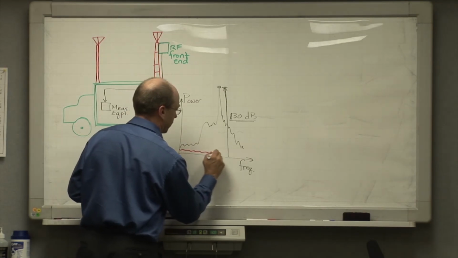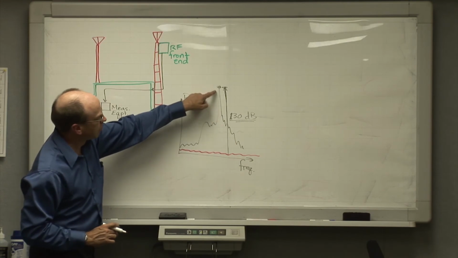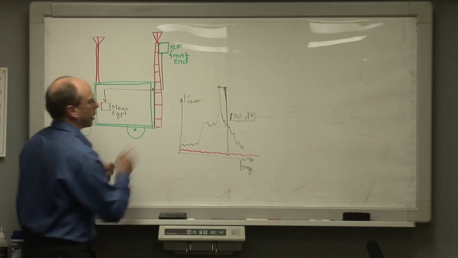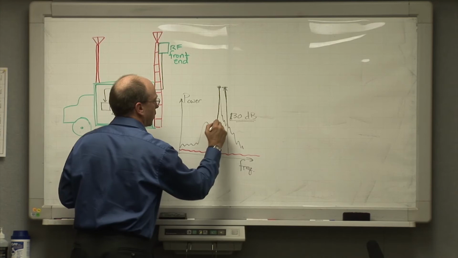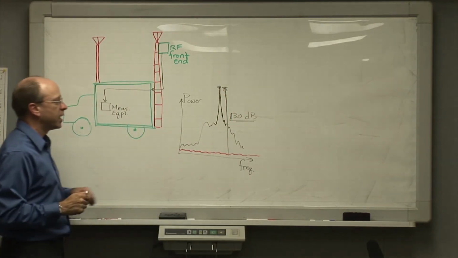Here's the measurement system noise floor down here. We want to get that signal power level from a radar at least up as much as 130 dB out.